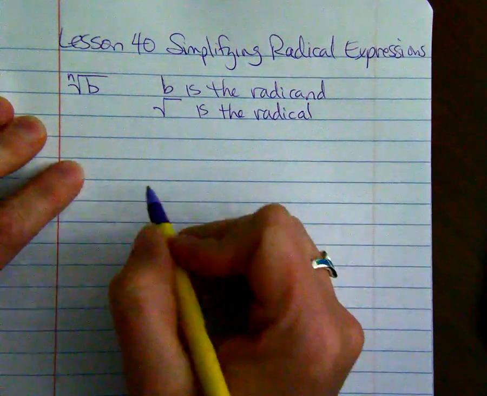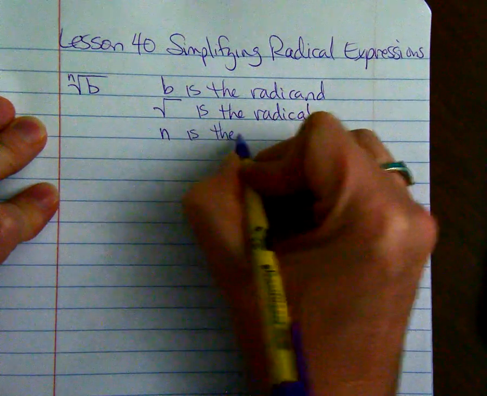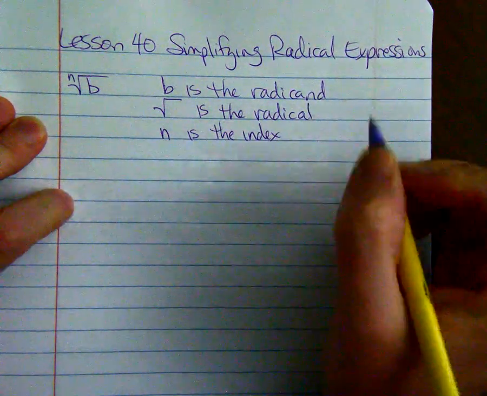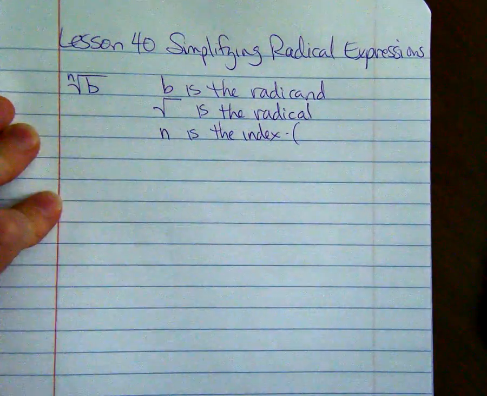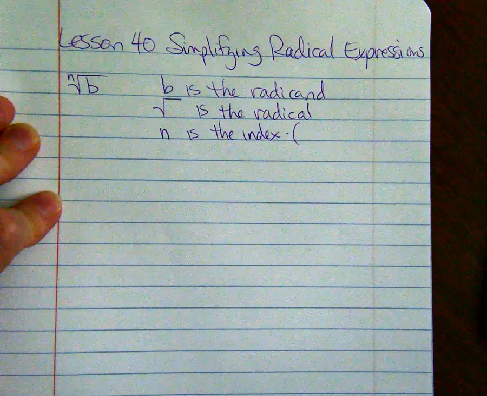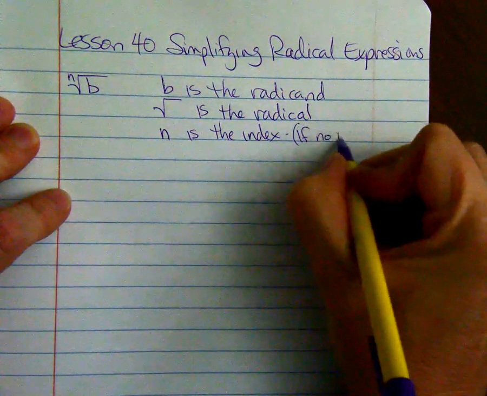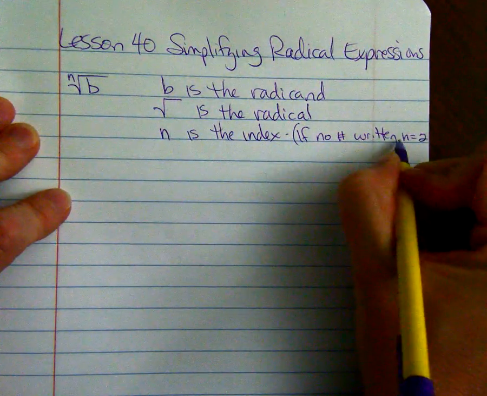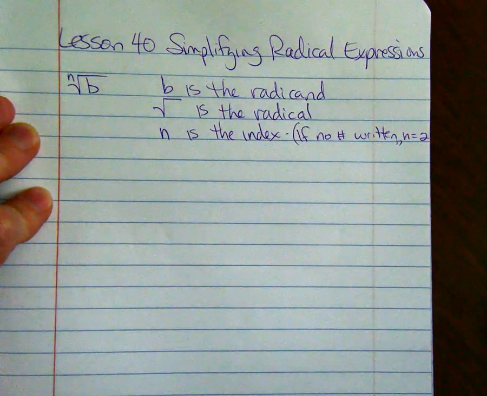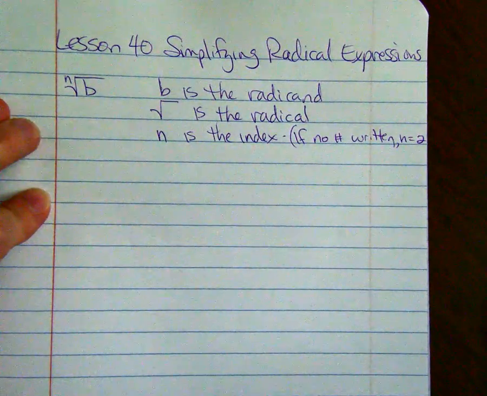It's called the radical, and n is called the index. If you do not see a number inside, then n equals 2. So if there's no number there, then it's a square root, or n equals 2.